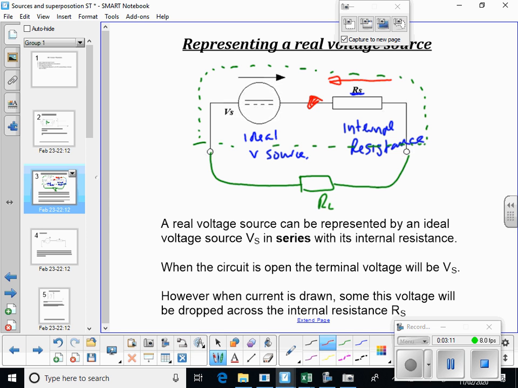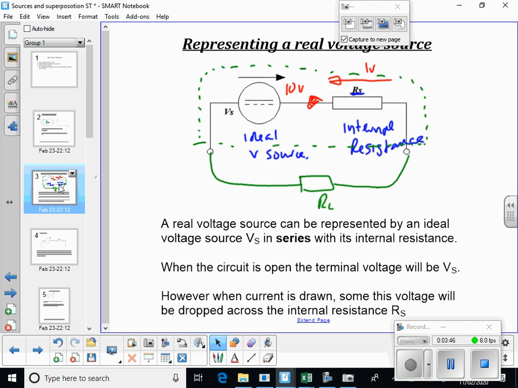For instance, let's say VS was 10 volts, and with the current we drop 1 volt across there. We then only see 9 volts at the terminals. And the more current we draw, the more we drop across RS. That's what we call the loading effect. As we draw more current, actually loading that source more, the terminal voltage will drop.